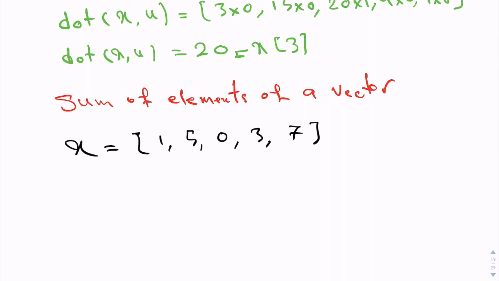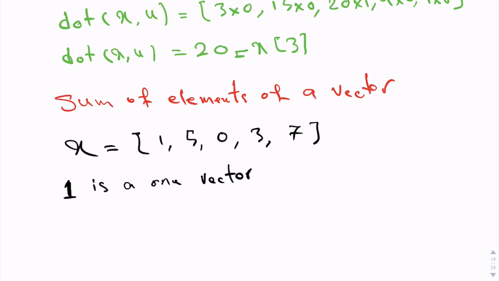You should do a vectorized operation. So how can we use a vector product to get the sum of these elements? Go back and look at the special vectors we talked about. One of them was the ones vector.